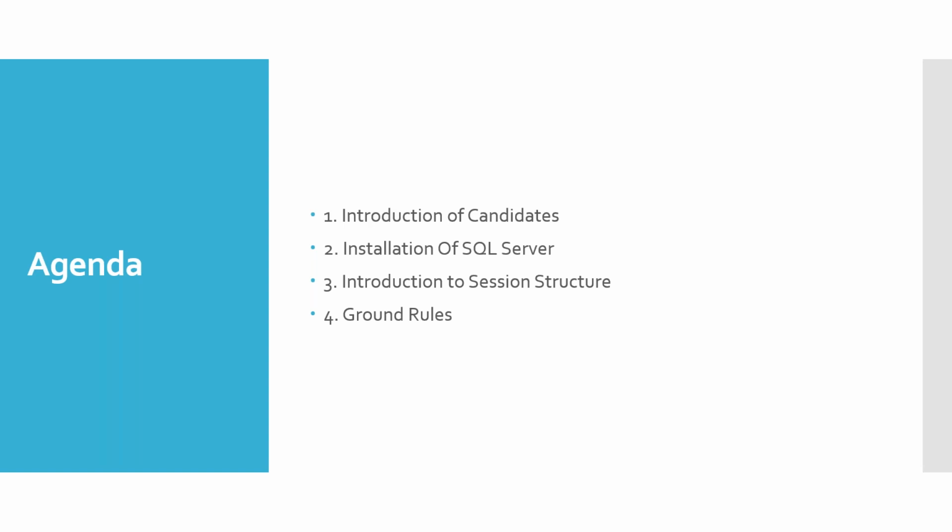When we learn these two products, we are ready for the majority of the industry's SQL products like Oracle, IBM's DB2, MySQL, or any open source technology available in the market for doing data engineering.